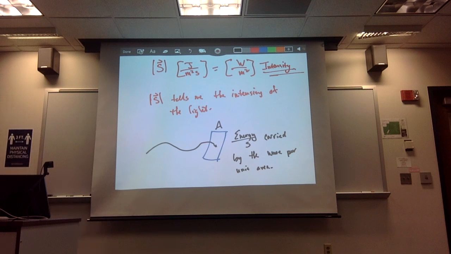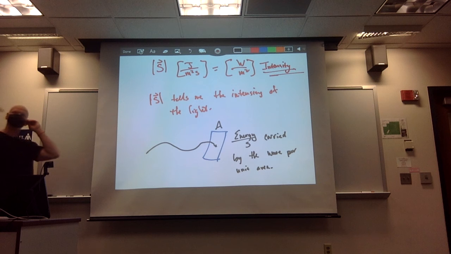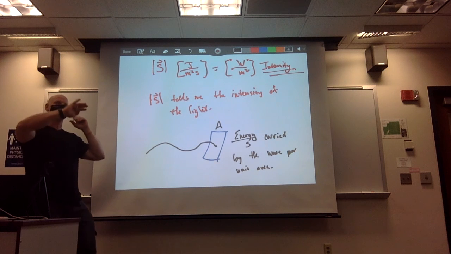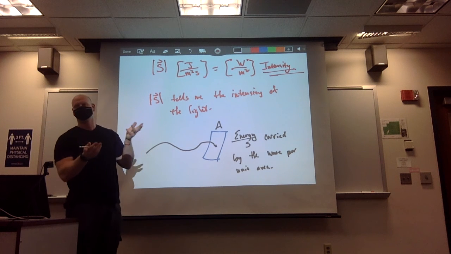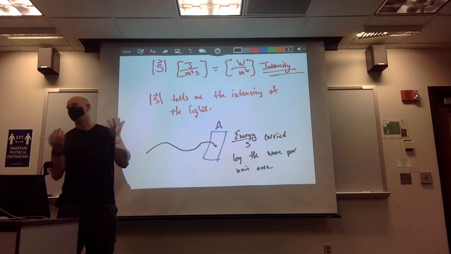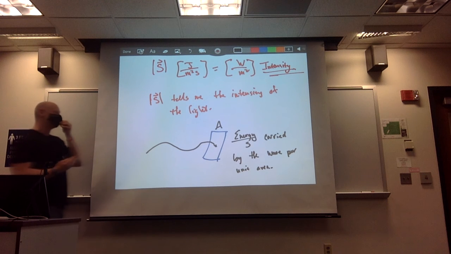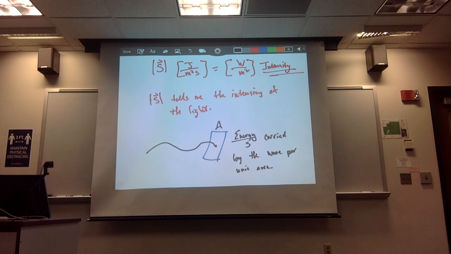Now, in a realistic situation, we're going to be talking about light and the frequency of light, especially something like visible light, which oscillates on the order of nanoseconds. What that means is we don't actually perceive the instantaneous value.